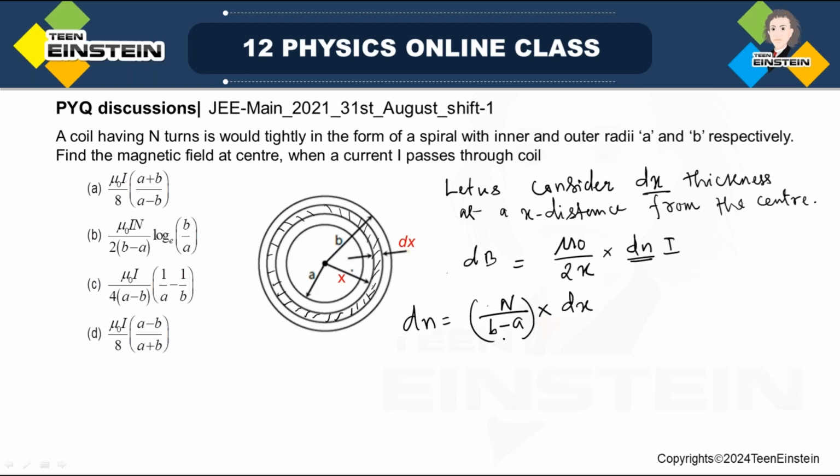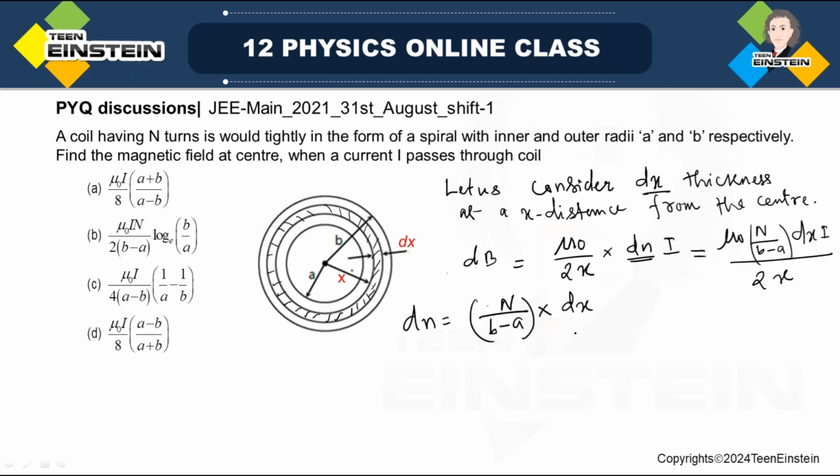So what will be the magnetic field due to this particular circular region having thickness dx and radius x? This elemental ring or elemental coil having thickness dx will produce magnetic field dB equal to mu 0 into n divided by b minus a into dx into I divided by 2 into x.